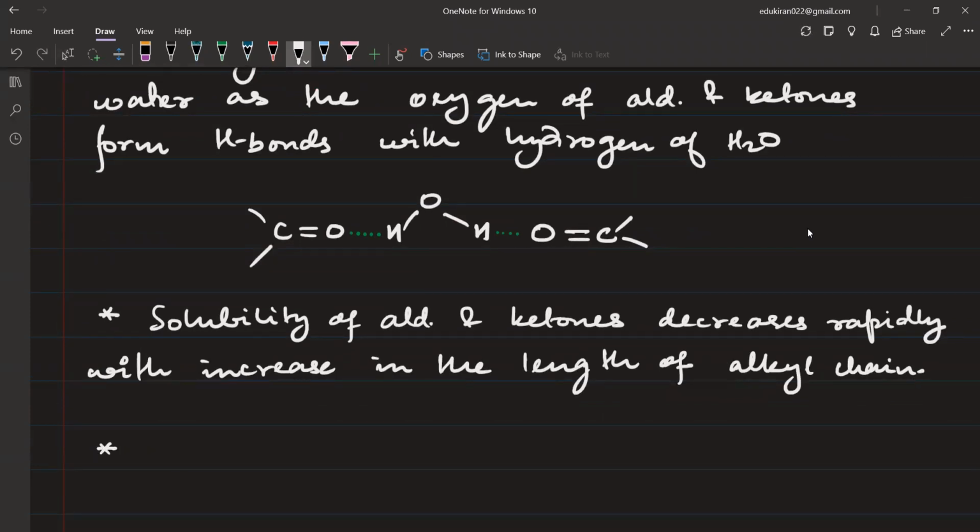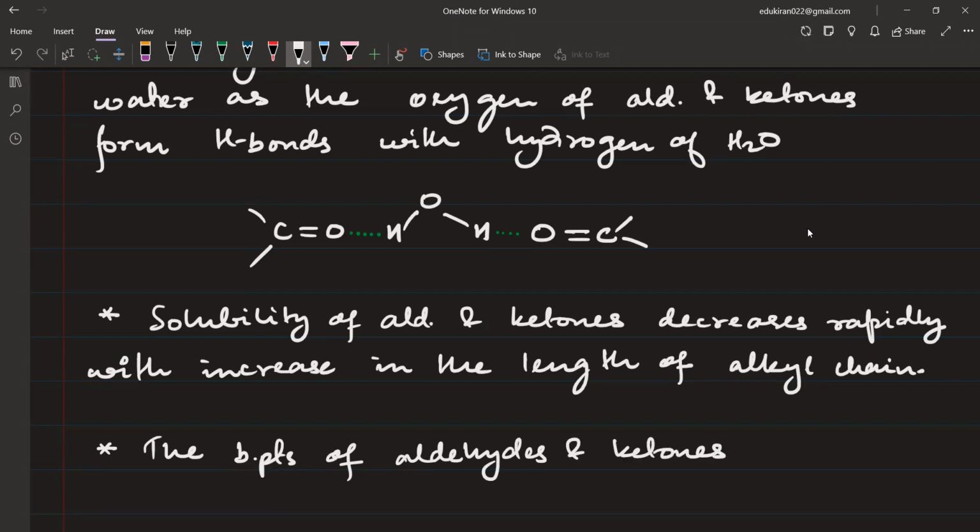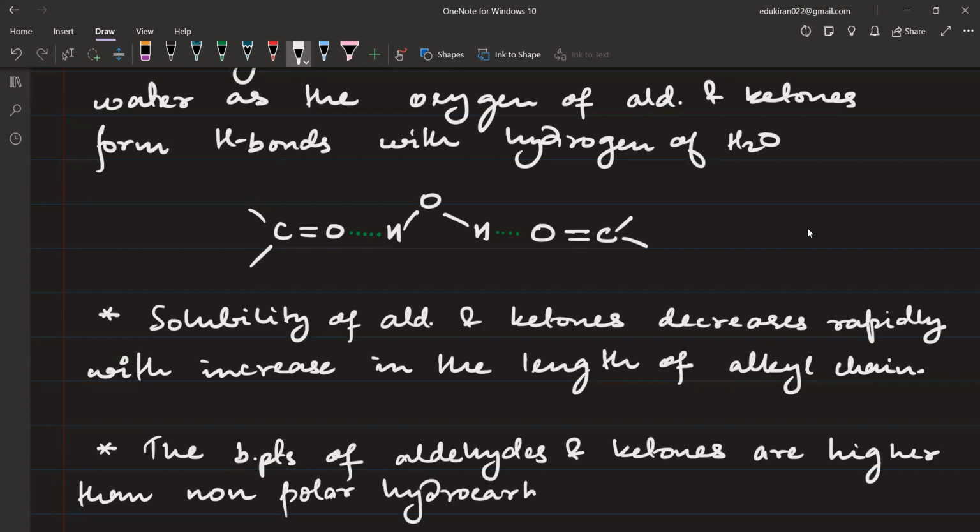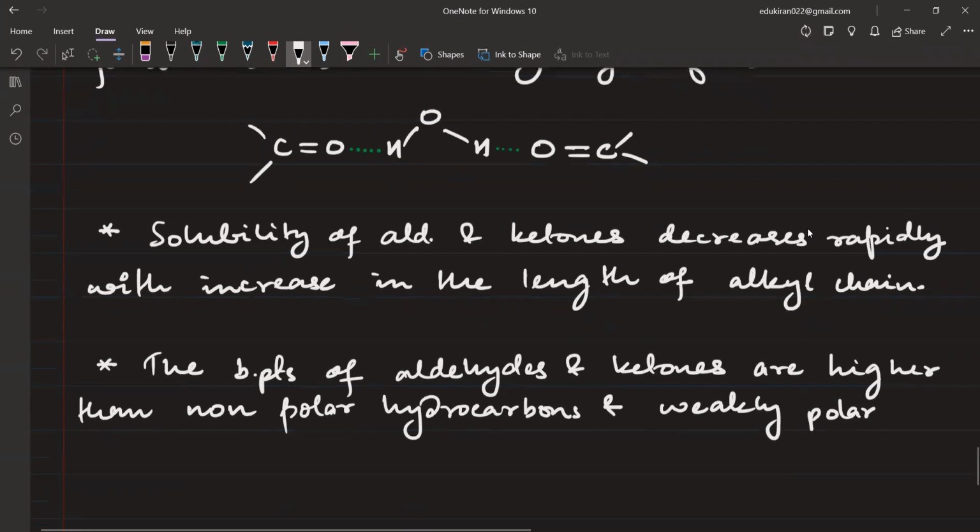Right, next. Regarding boiling points, please write: the boiling points of aldehydes and ketones are higher than non-polar hydrocarbons and weakly polar ethers.